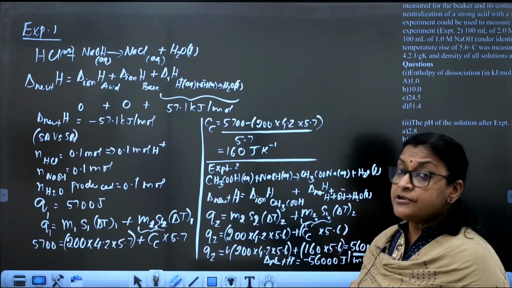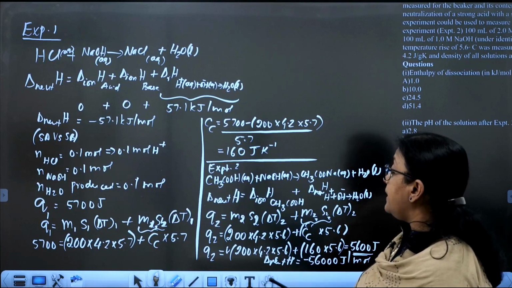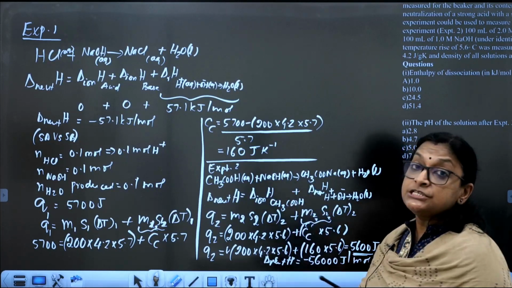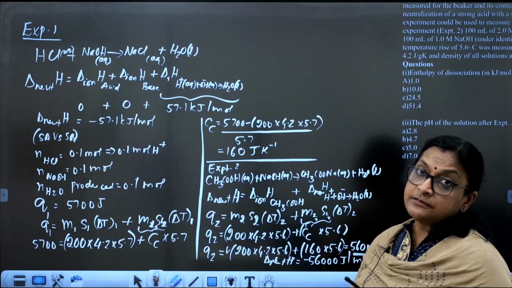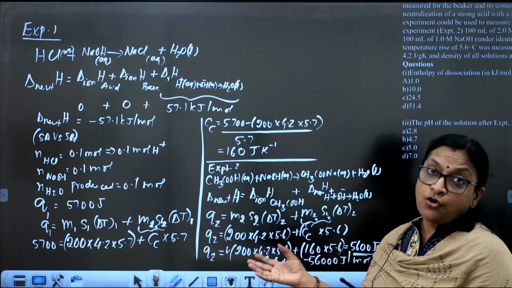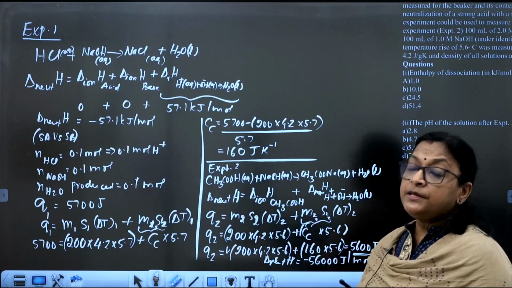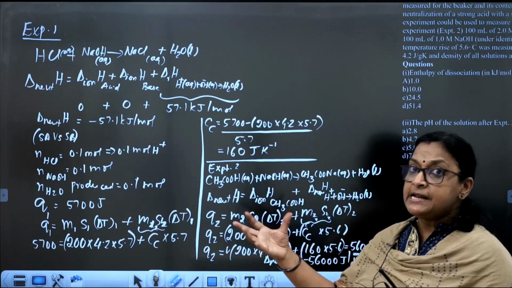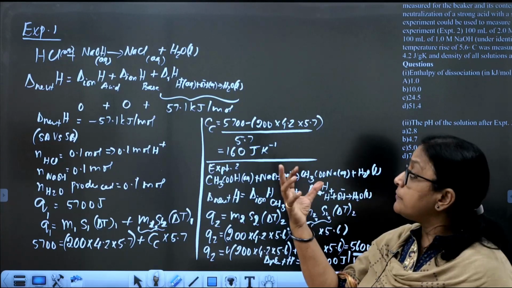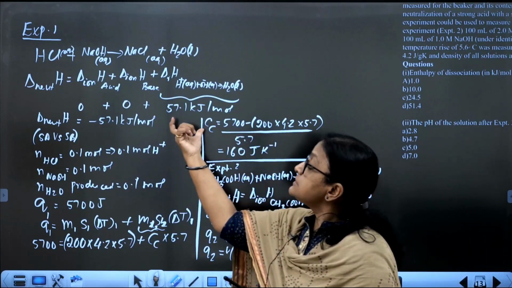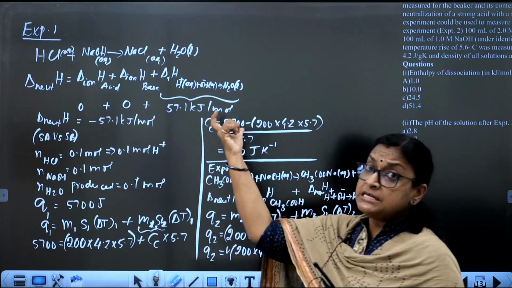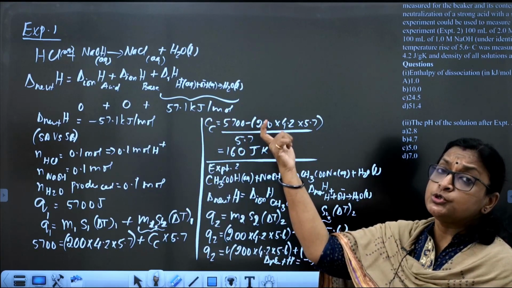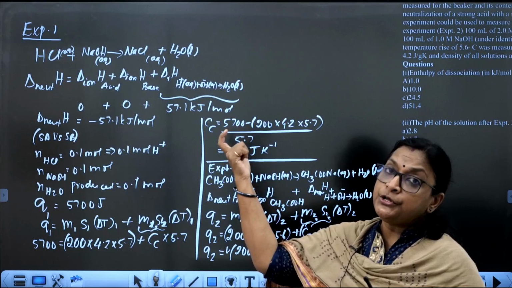What will be the difference? The difference is nothing but the enthalpy of ionization of acetic acid. For strong versus strong, since the enthalpy of ionization is taken as 0 for strong acid and strong base, only that constant comes in, which is minus 57,000 joule per mole water produced.